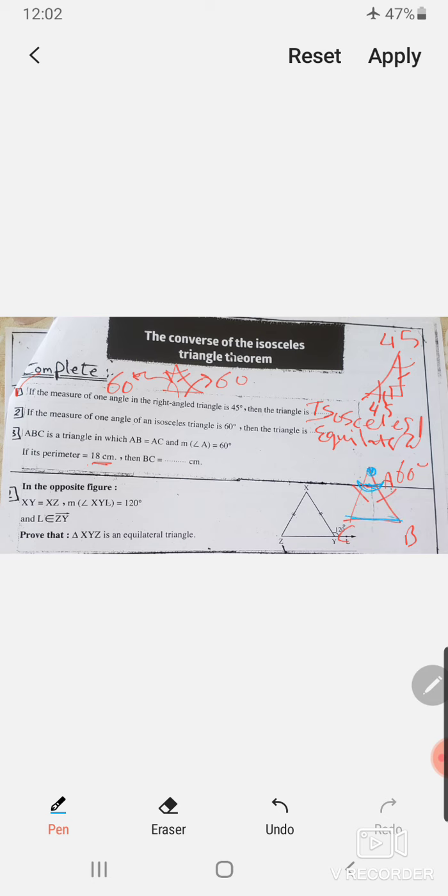What about the base angles? Of course, they equal 60 and 60. Why? Because I make 180 minus 60, the answer is 120, divided by 2 because you have two angles, which equals 60. So this is equilateral and all sides are equal. So I make 18 divided by 3, because the three sides are equal, equals 6 centimeters.